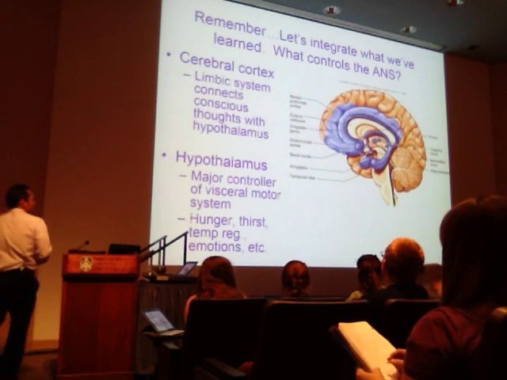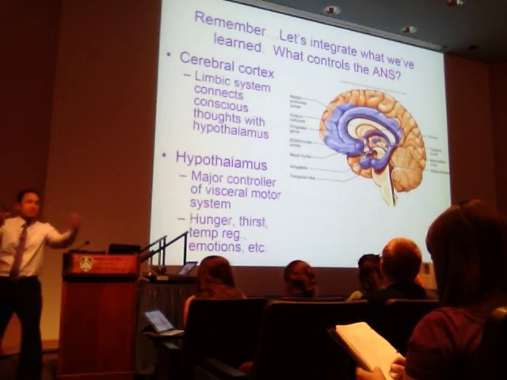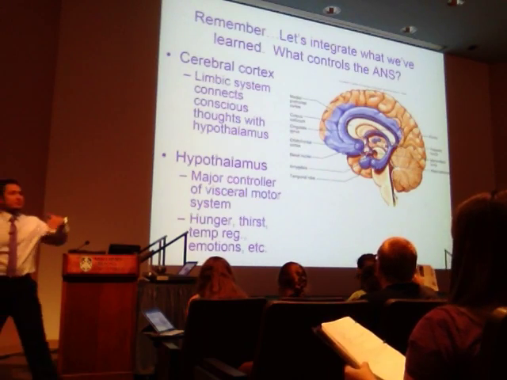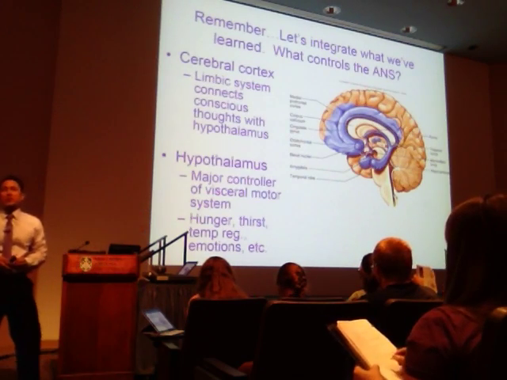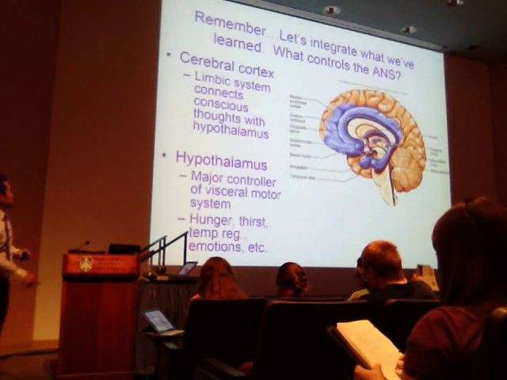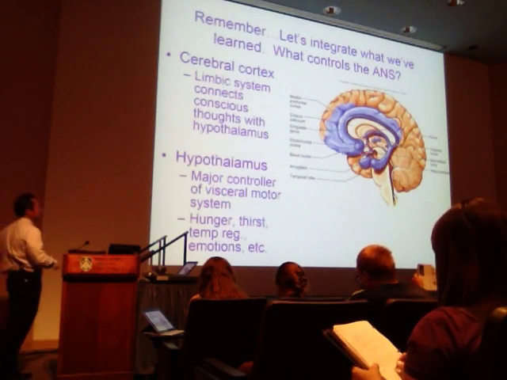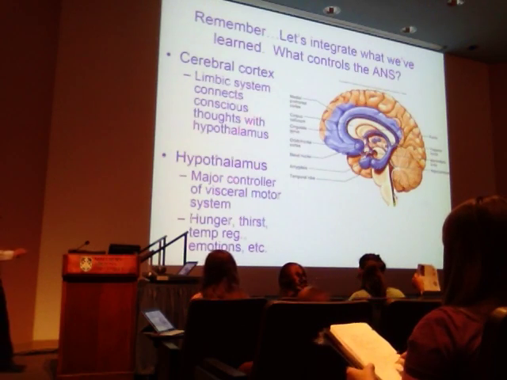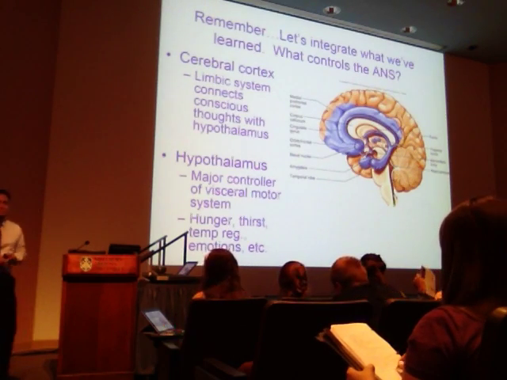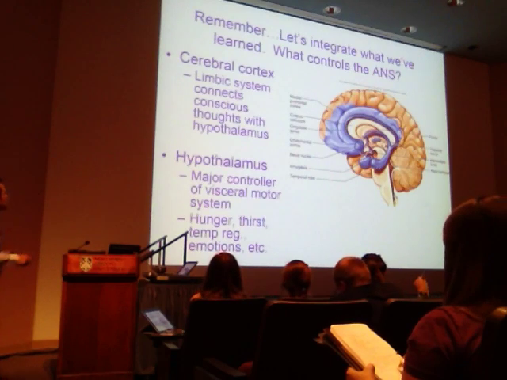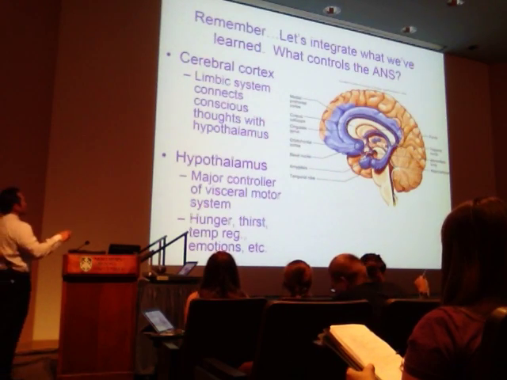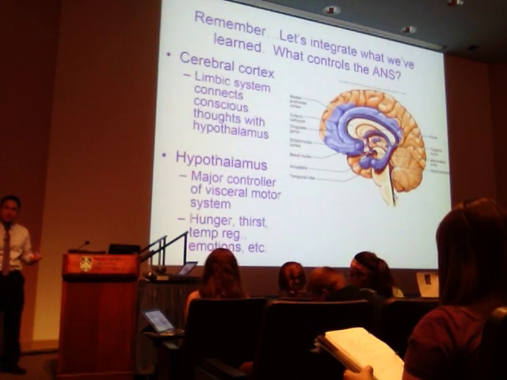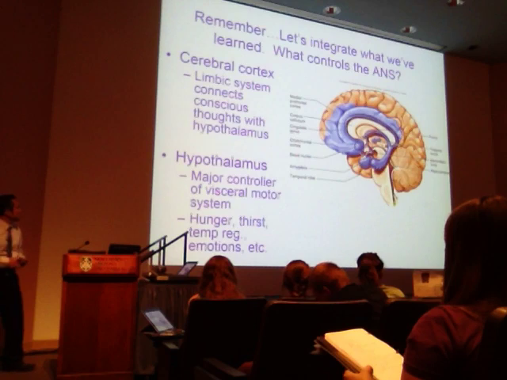Remember, the peripheral nervous system is to bring information into the central nervous system. And then the central nervous system is going to outflow into the periphery and control events. So if things come into the cerebral cortex from the periphery, remember, things like the limbic system and the hypothalamus that are going to control things like emotion, memory, thirst, hunger.